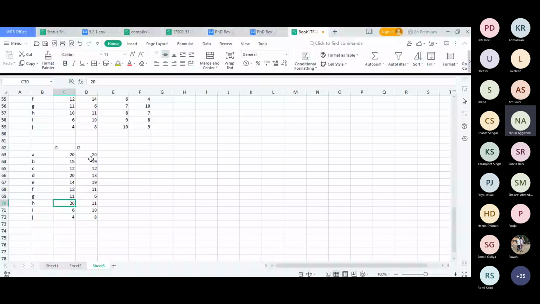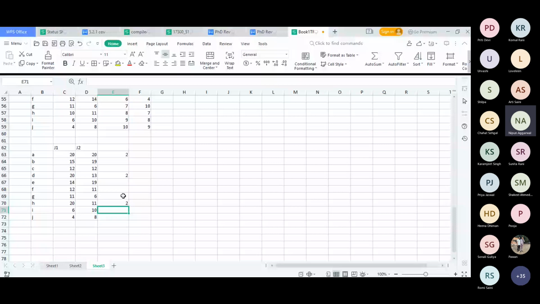So all three will be given the same rank, 2, 2, and 2, because there is a clash between ranks 1, 2, and 3.